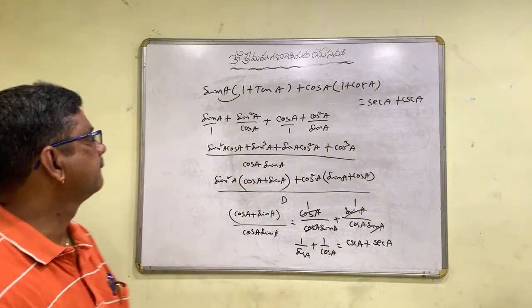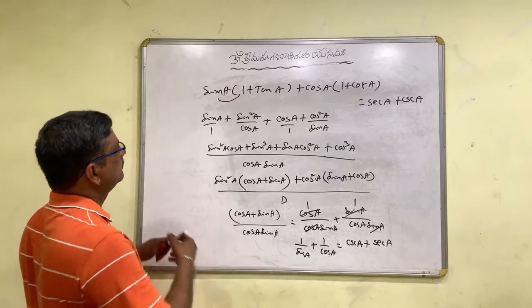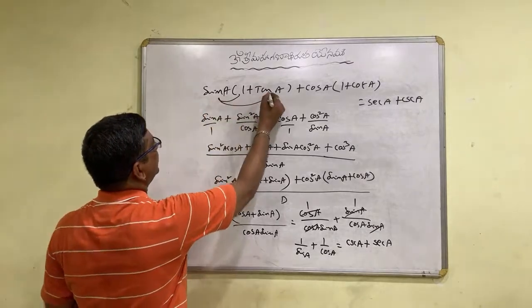Okay, children. See here. What we have to do first? We need to multiply monomial into binomial.